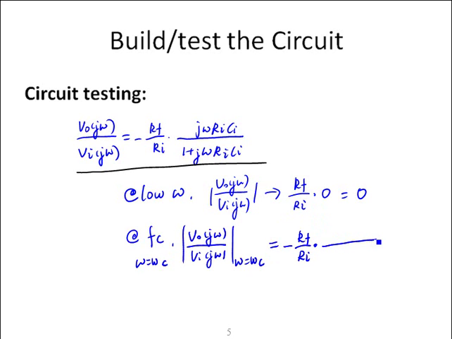times, now omega becomes omega c, so j omega c times Ri Ci over 1 plus j omega c Ri Ci. The group of Ri Ci is equivalent to 1 over 2 pi Fc based on how the cutoff frequency is defined.